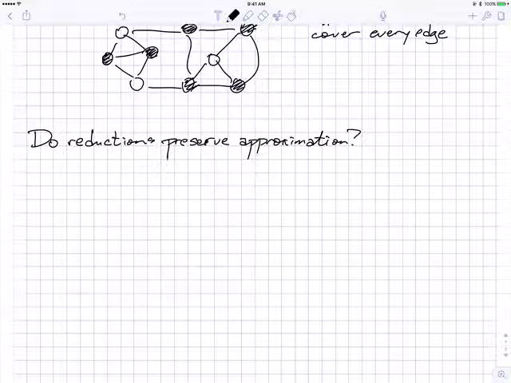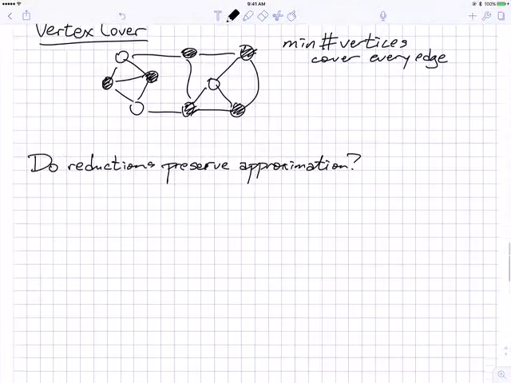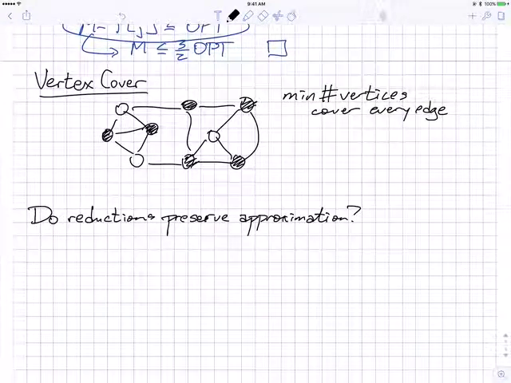So one thing I can tell you, for example, vertex cover has good approximation algorithms. Maximum independent set, which for purposes of proving NP-hard is just, well, the complement of a vertex cover is an independent set. So you solve one, you solve the other. But maximum independent set does not have good approximation algorithms.